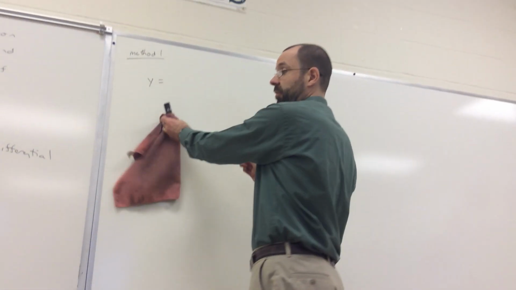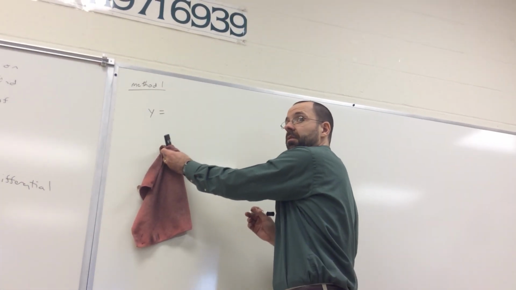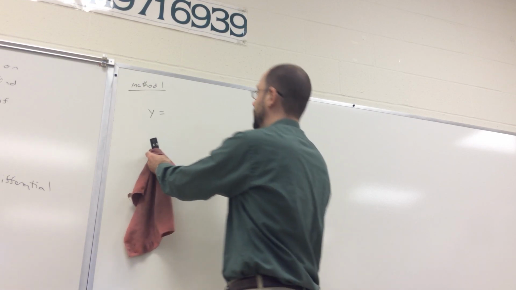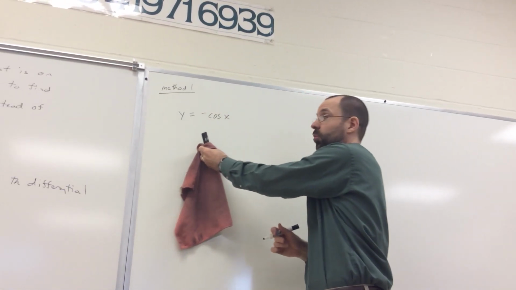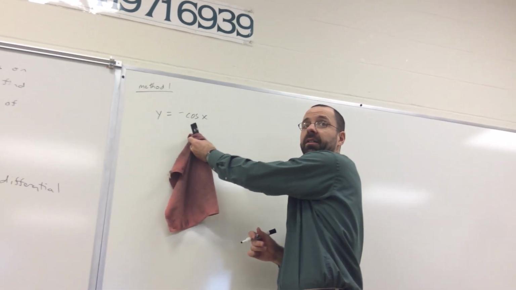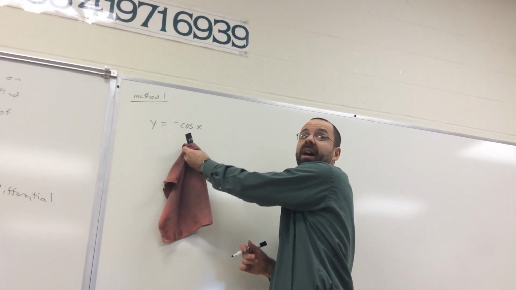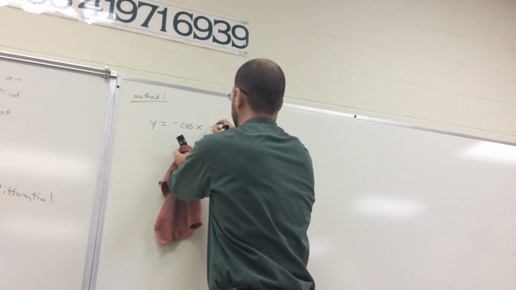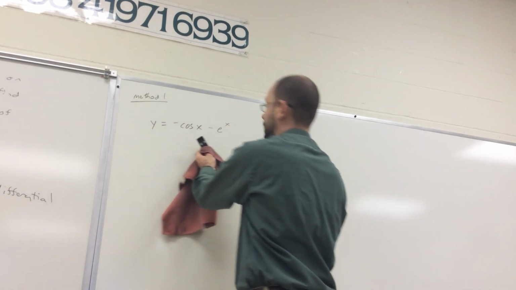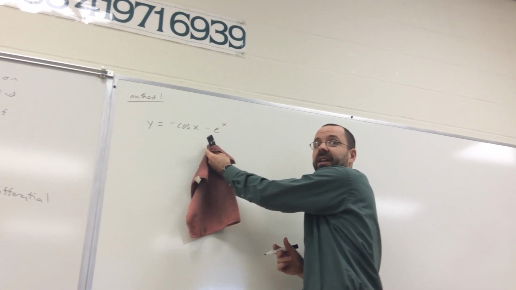So what does y equal? Yeah, negative cosine of x, right? Because the derivative of cosine is negative sine. So the antiderivative of sine is negative cosine, minus e to the x, because the antiderivative of e to the x is just e to the x.